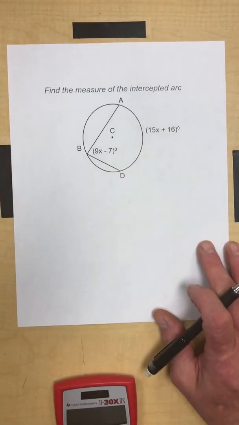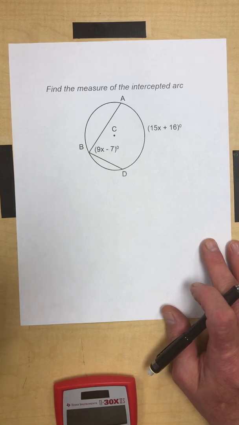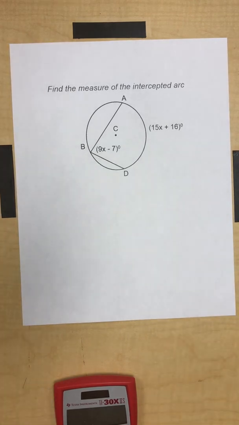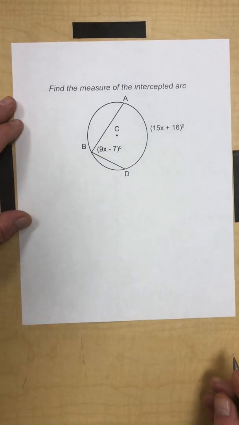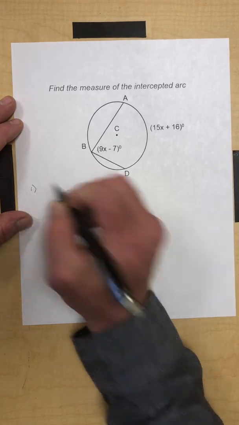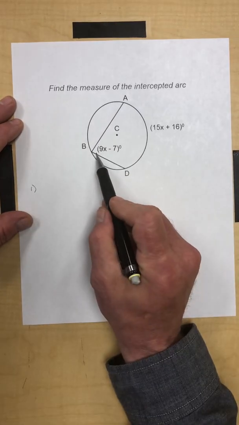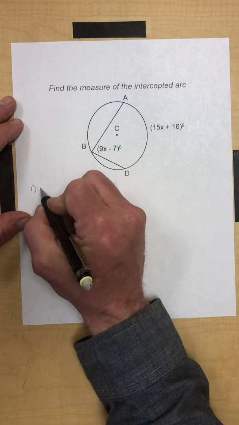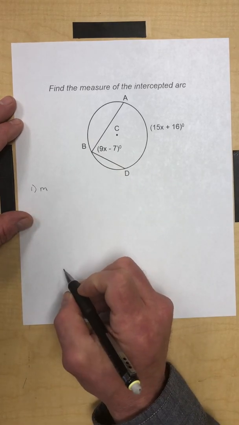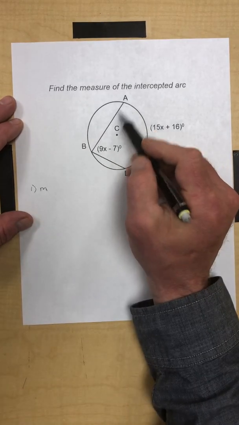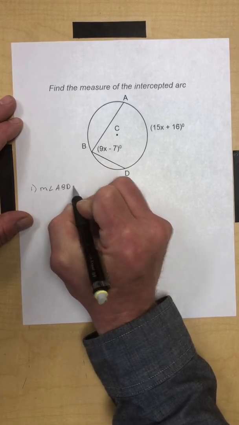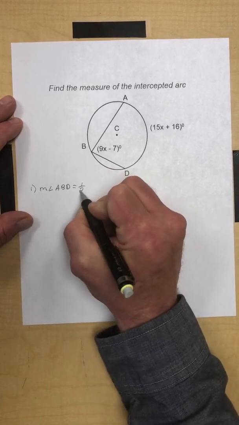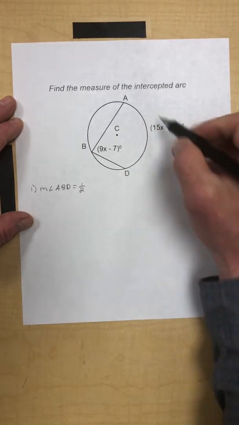One more. Very similar to what we just did, just a little bit different diagram and different numbers in there, but same setup. So one way we could do it, the inscribed angle is ABD, the measure of angle ABD is equal to 1/2 the measure of the intercepted arc, which would be AD.